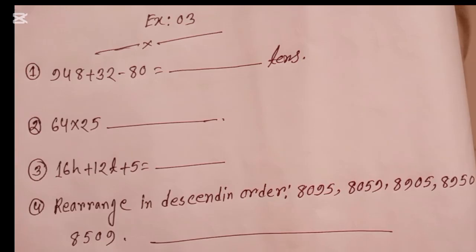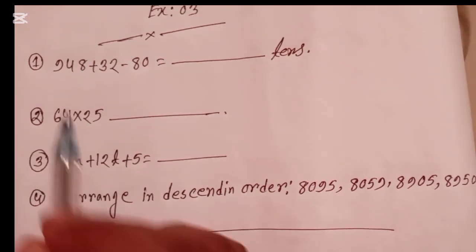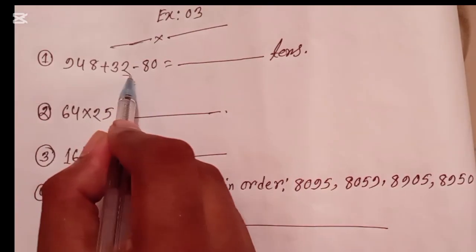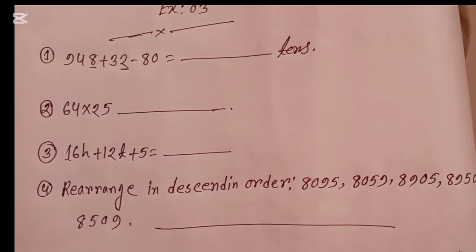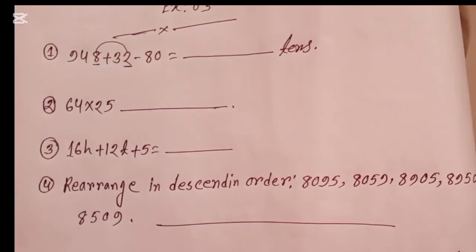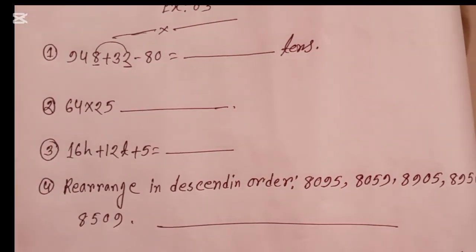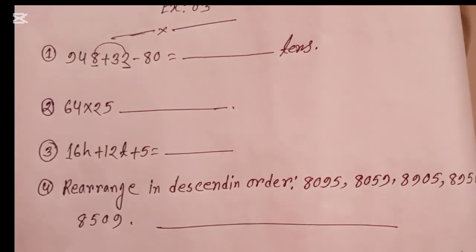948 plus 32 minus 80 equal to how many tens? So first of all, 948 plus 32, we have to add these two numbers. In the ones place, 8 and 2: 8 in mouth and 2 in hand, so count after 8: 9, 10.